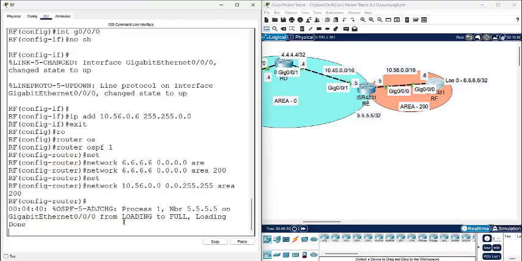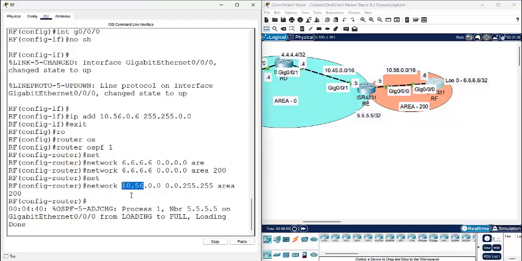So basically 10.56 with subnet mask 0.0.255.255, the command line is simply saying only pay attention to the significant 10.56.